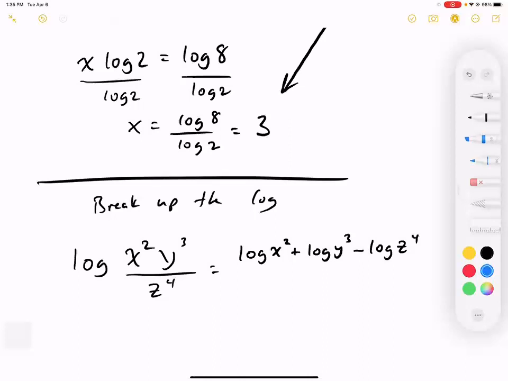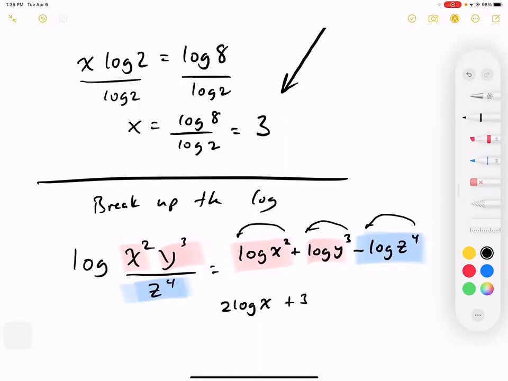So please take a look. If I'm dividing, if I'm multiplying. Now the next rule is I'm going to take the exponents and move them to the front. The power rule says I can move down the exponents. 2 log of x plus 3 log of y minus 4 log of z.